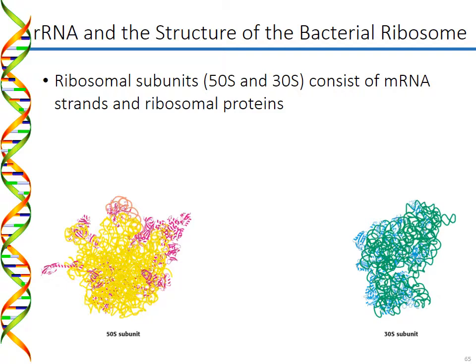So we saw that it is divided into the large and small subunits. In the bacterial ribosome, these are called the 50S and 30S subunits, respectively. Each of these subunits does consist of RNA strands, which form the structural scaffold for some additional ribosomal proteins.